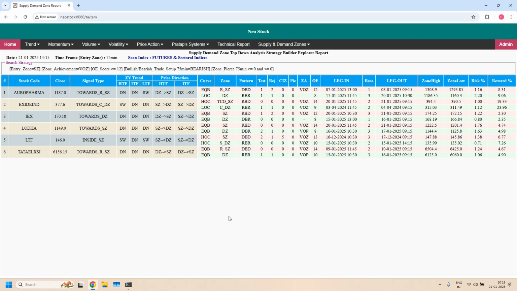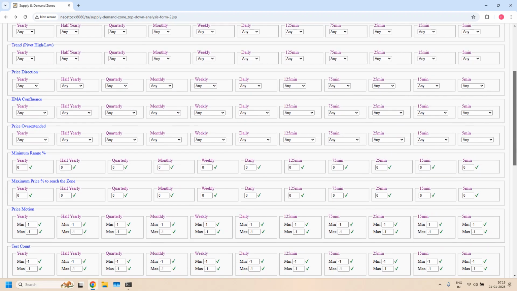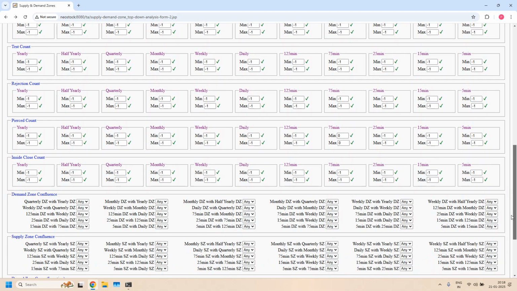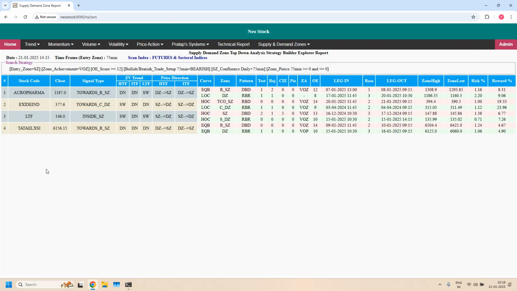Out of these 6 75 minute supply zones, we can further filter based on the zone confluence. The first filter in zone confluence is LTF and ITF supply zone confluence. That is 75 minutes and daily supply zone confluence. So I am enabling that filter. With this filter, we got 4 stocks.